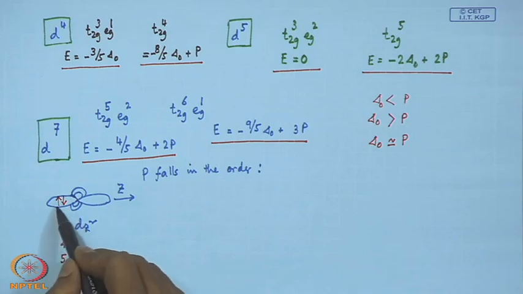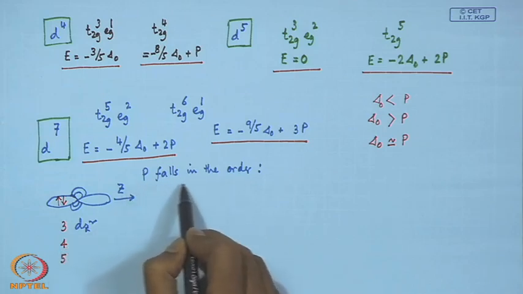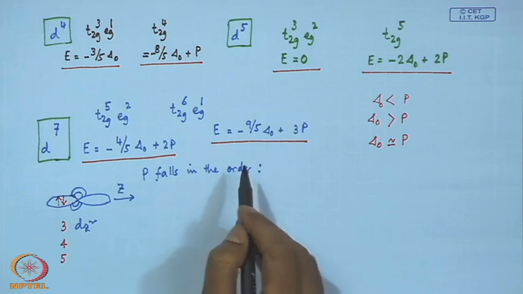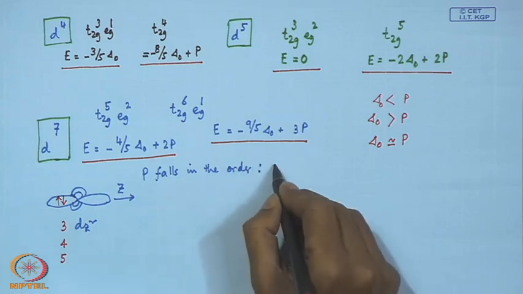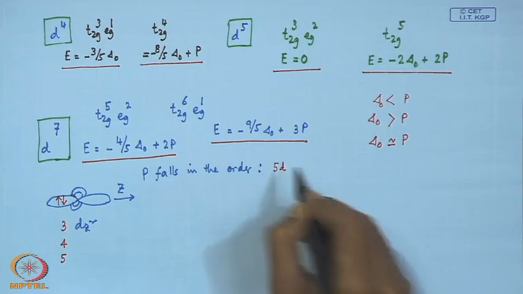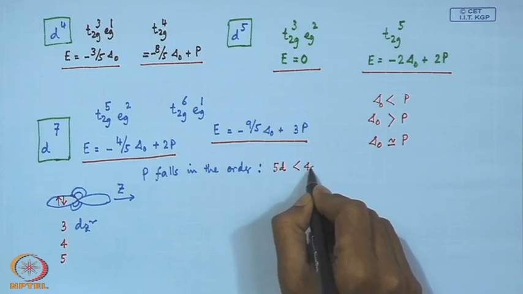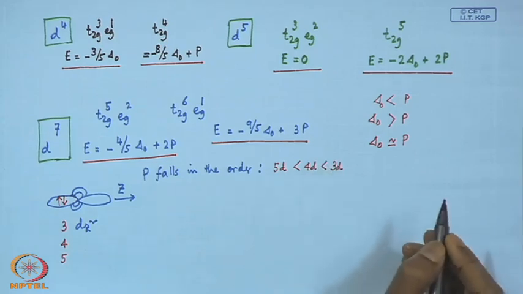So, the repulsion experienced by the 2 electrons would be less in case of 4d and 5d also. That is why the pairing energy P for the pairing of electrons in these levels falls in the order where the 5d level has the lowest pairing energy compared to 4d and then 3d.